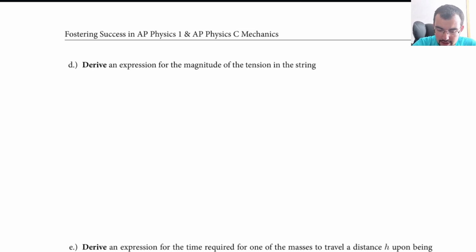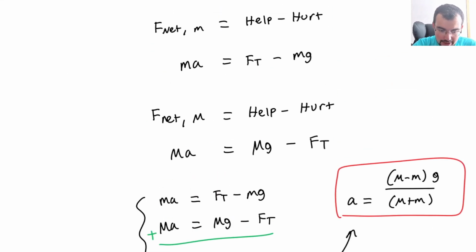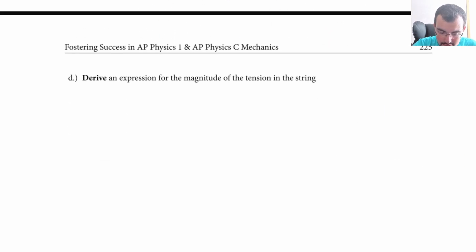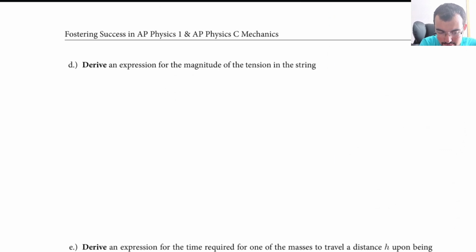Let's find the tension in the string now. We can pick any equation to plug back into to get that tension. We can use this one maybe. Little ma is equal to F tension minus mg.